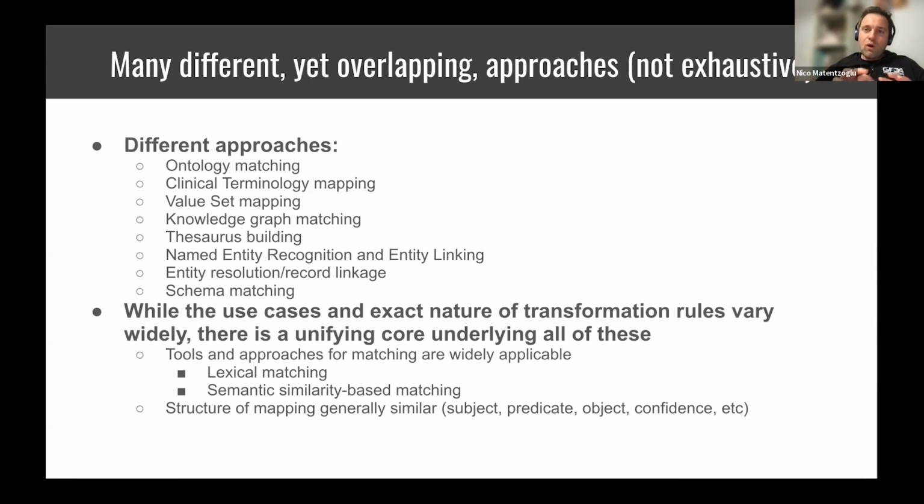But there are so many overlapping concerns, like, for example, the areas of ontology matching, clinical terminology mapping, value set mapping, knowledge graph matching, thesaurus building, so determining synonyms for concepts, named entity recognition, entity linking, which is the kind of toolkits for taking in, let's say, a free text like a PubMed abstract, identifying a string in the abstract like Friedrich ataxia or something like that, and then determining which ontology concept or knowledge graph concept this belongs to.